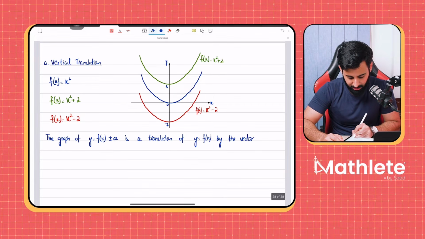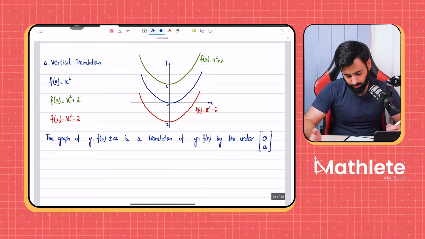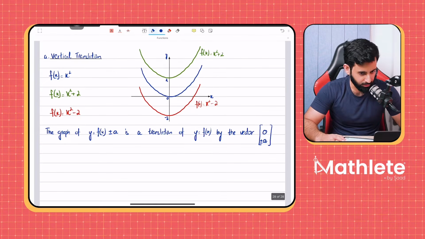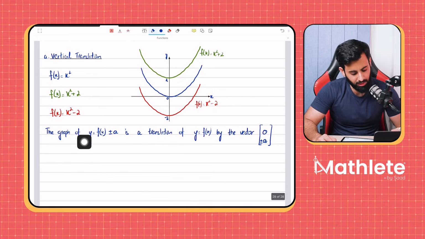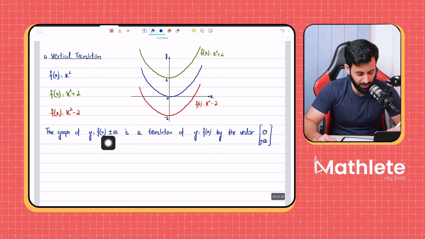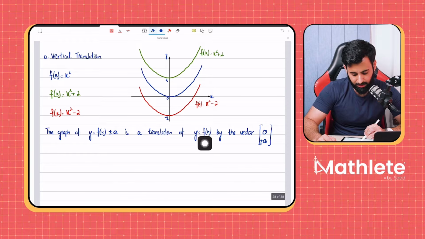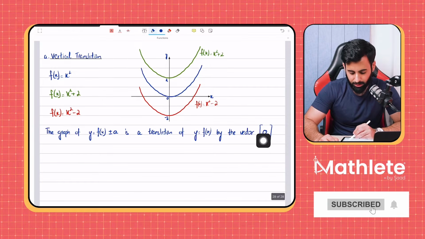Now what's the vector? Since it's only a vertical translation, that means x is 0 and y is a. And a could be positive if it's moving up, and negative if it's going down. So I'll repeat: the graph of y equals f of x plus or minus a is a translation of y equals f of x by the vector 0, plus or minus a.